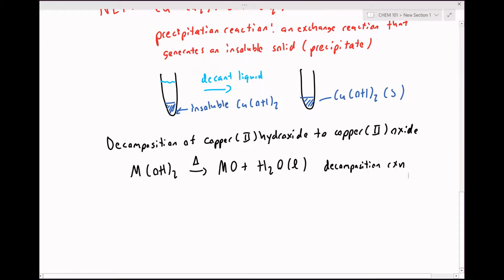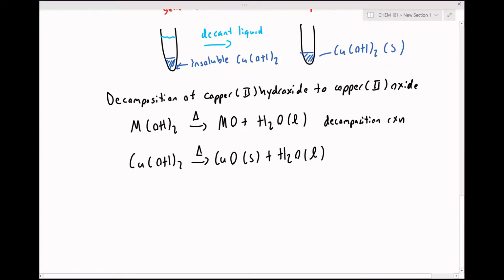So by analogy, looking at our copper hydroxide, if we expose it to heat, we can drive off the water and generate, in turn, copper 2 oxide and water, which is quickly removed and will evaporate off upon heating.